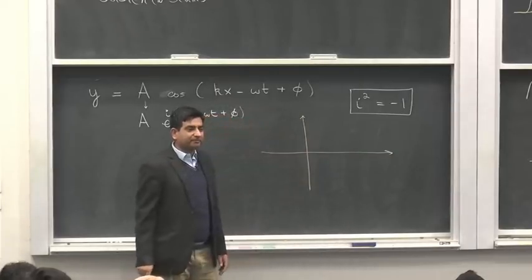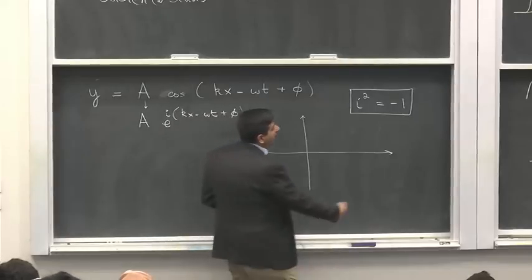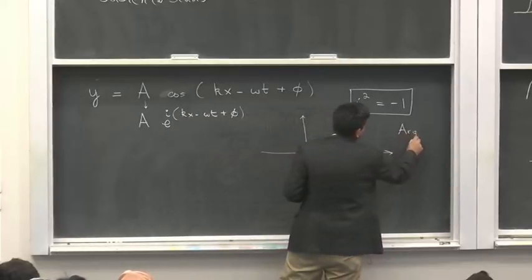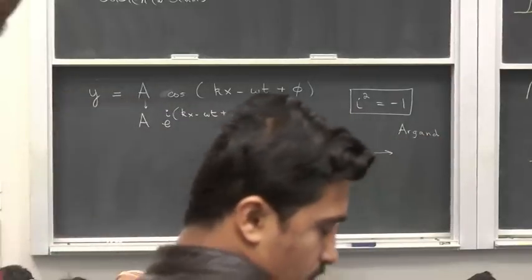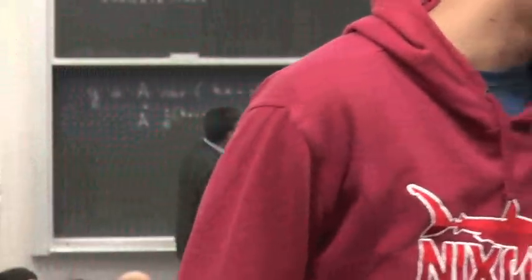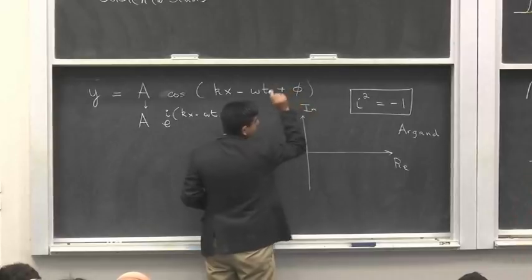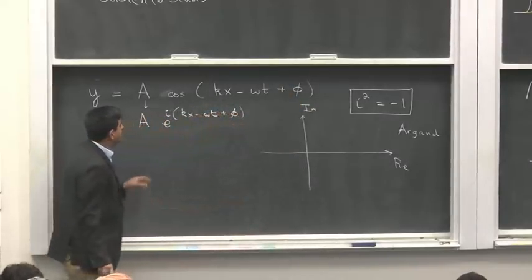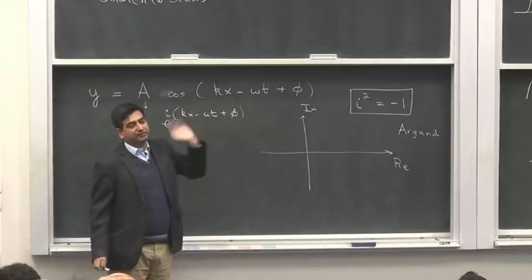This is called an Argand diagram, in which this horizontal axis is the real axis, and this axis is the imaginary axis. And this object here is a point on this plane.